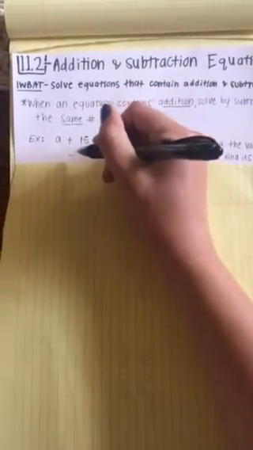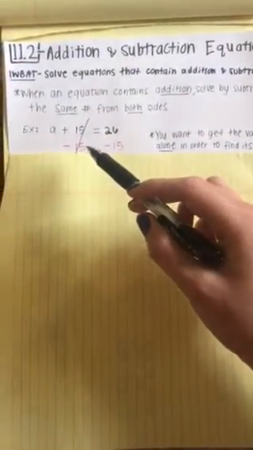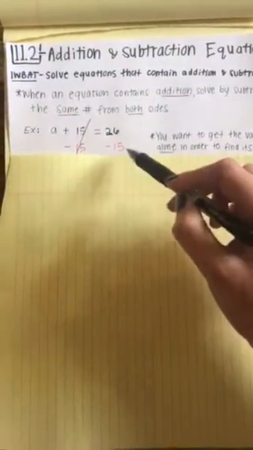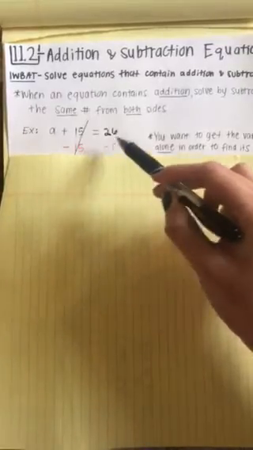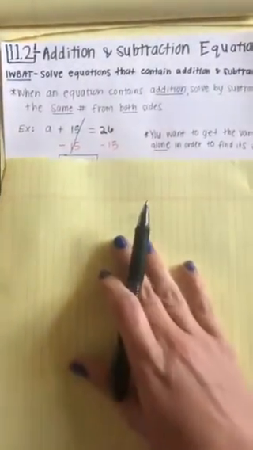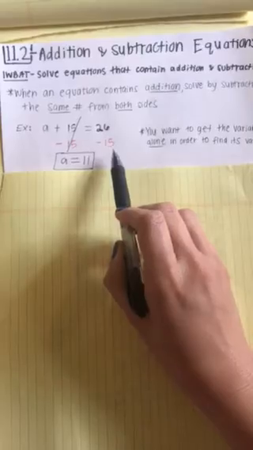So 15 minus 15 will be 0, so we're just going to cross that out. So we're just moving that to this side. 26 minus 15 is 11. So we are saying that a equals 11.